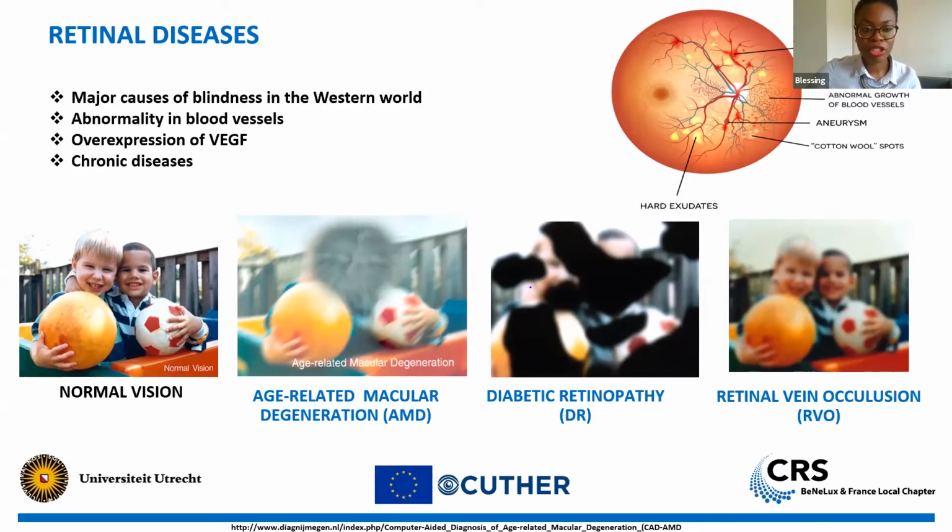As you can see from the pictures, with age-related macular degeneration you have the loss of central vision, and the patient cannot see what is in front of them. With diabetic retinopathy, we have the appearance of black spots in the vision that gradually get bigger and bigger. In general, these diseases are chronic, and they are due to overexpression of VEGF. That causes the production of leaky and weak blood vessels in the retina, specifically in the fovea, close to the macula.